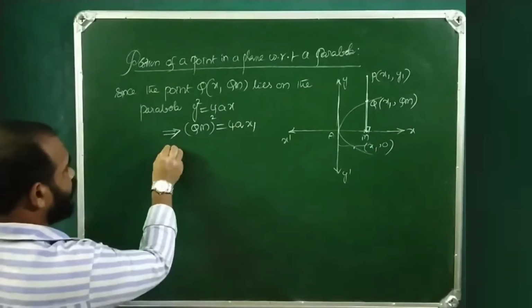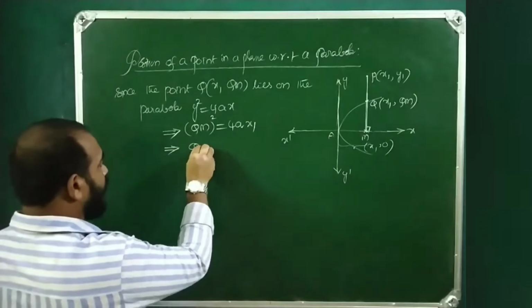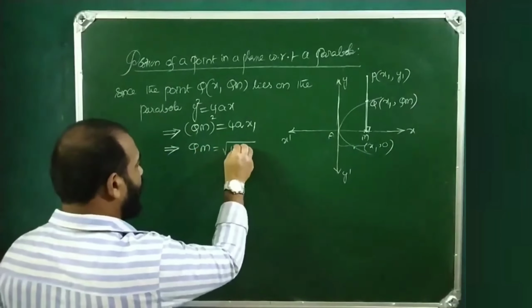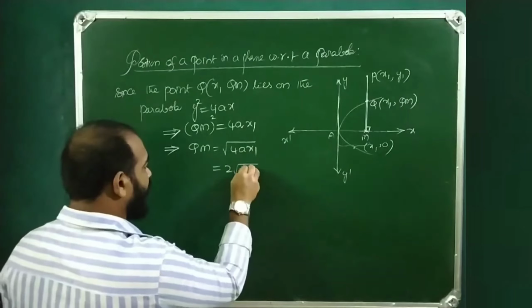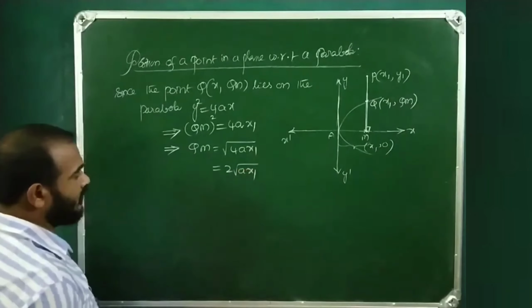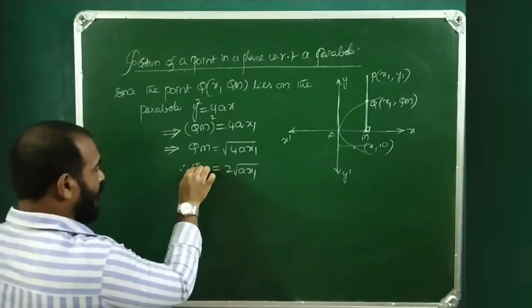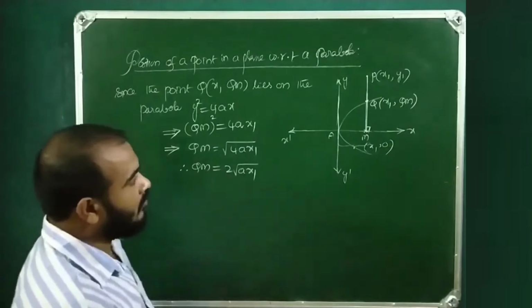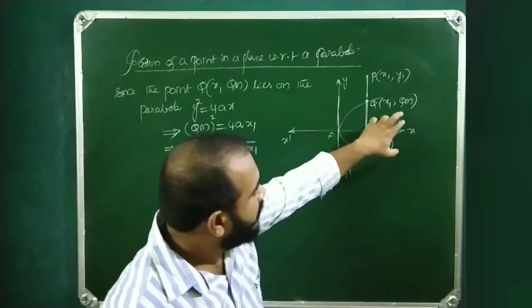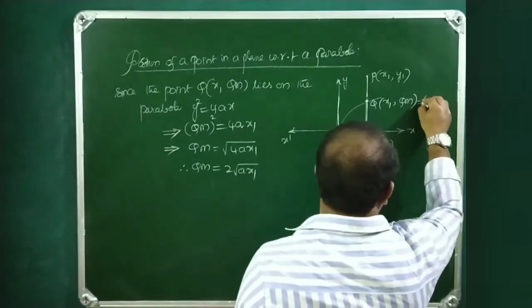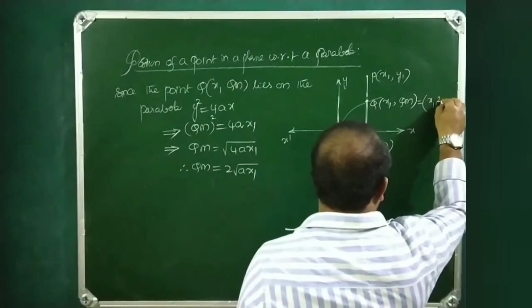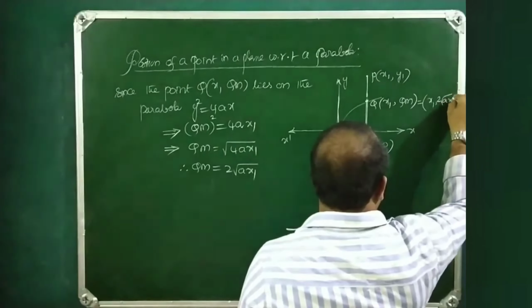So QM is equal to the square root of 4a x1, which is 2 root of a x1. Therefore, this point is (x1, 2 root a x1).